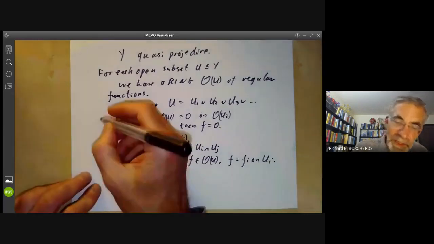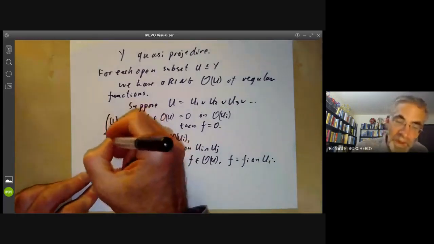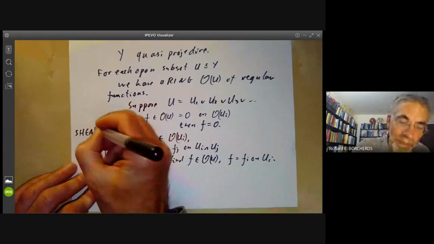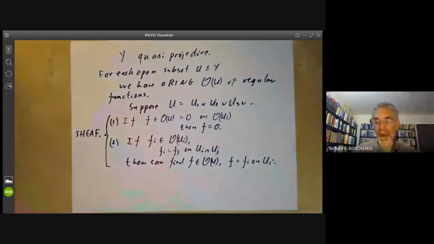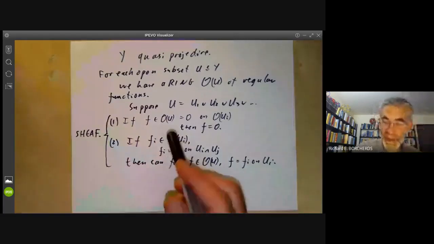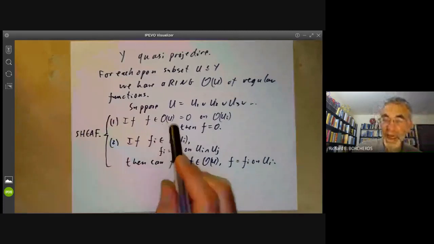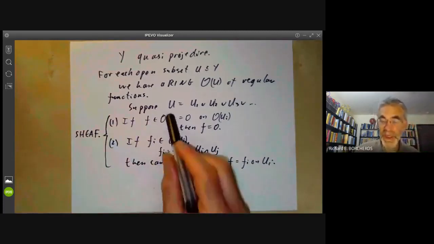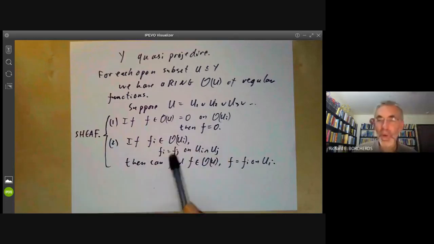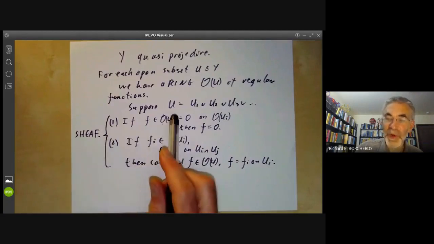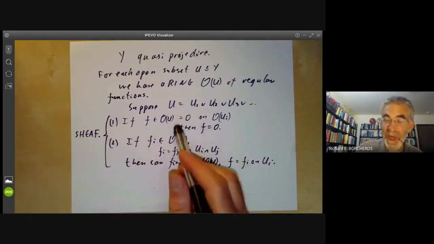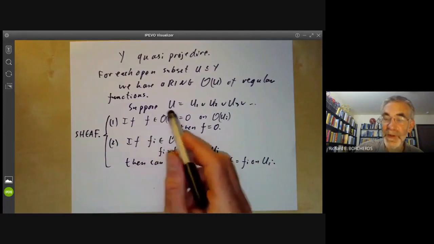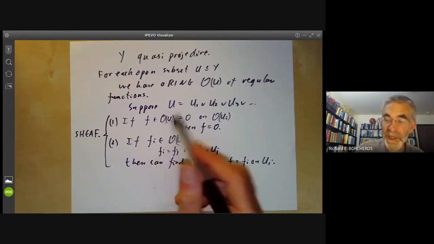These are the conditions that you need to define a sheaf. And we will see later when we do schemes that schemes also have a sheaf of rings on them with these two properties. Now, for ordinary quasi-projective varieties, it's kind of pointless introducing sheaves, because the properties of sheaves are completely obvious, because we're just talking about regular functions on a space, and regularity is a local property.